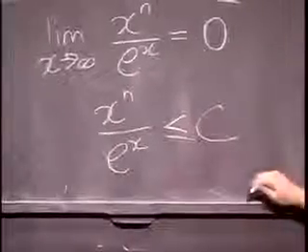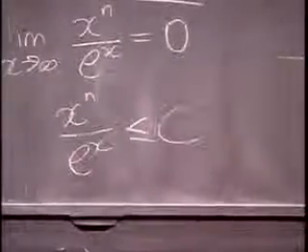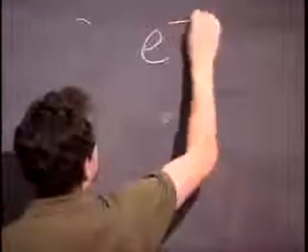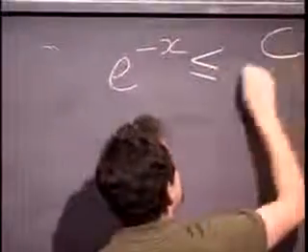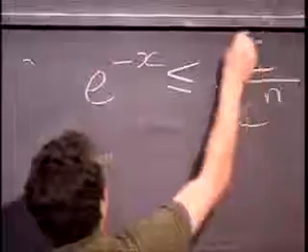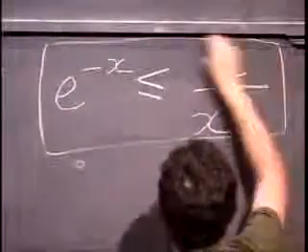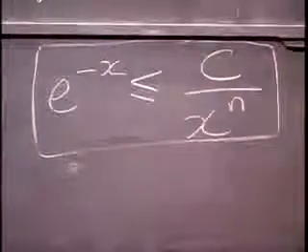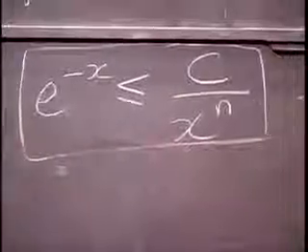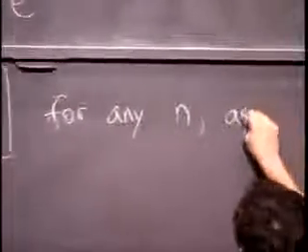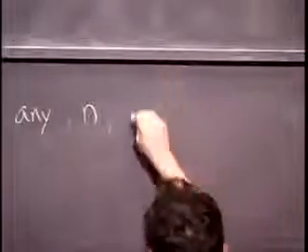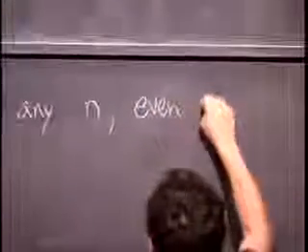And then all I do is divide by x to the n, and I get my really useful principle, which you might as well just learn. E to the minus x, that's the same as 1 over e to the x, is less than or equal to a constant over x to the n. And this is true for any n. Doesn't matter what n is, even if it's very large.